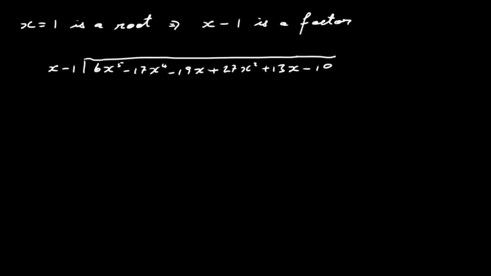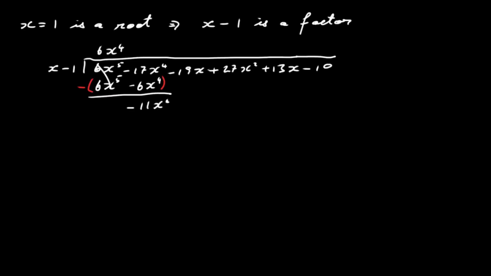Okay, so let's start then. We divide the x into the 6x to the power of 5, that'll give us 6x to the power of 4. Multiply then, so you get 6x to the power of 5 minus 6x to the power of 4. So what we're going to do next is put a bracket around here and subtract. So this will cancel, and this will give us minus 11x to the power of 4.